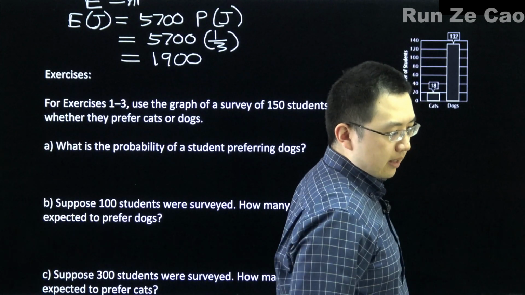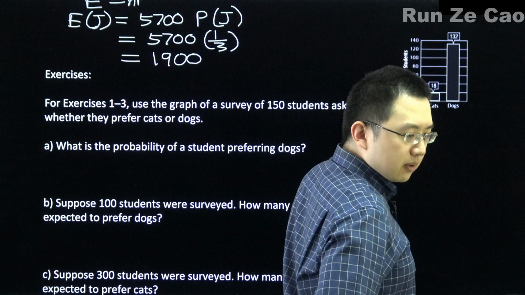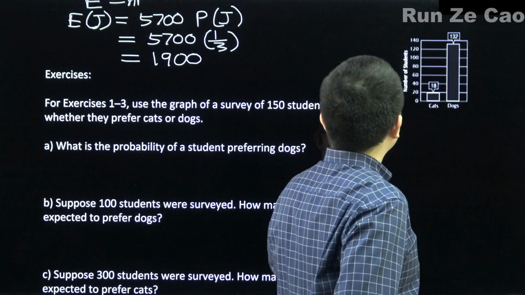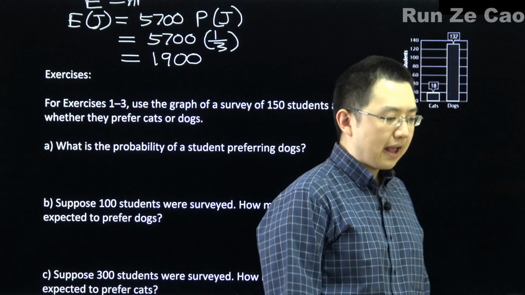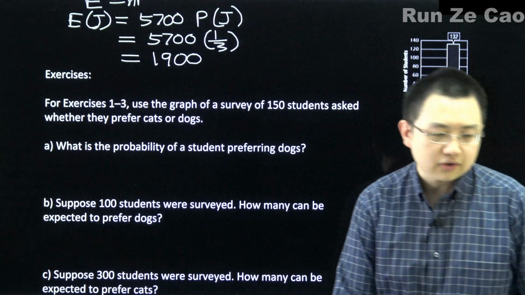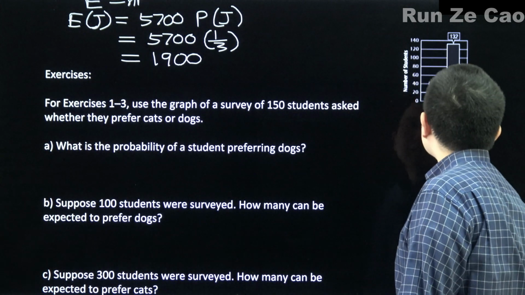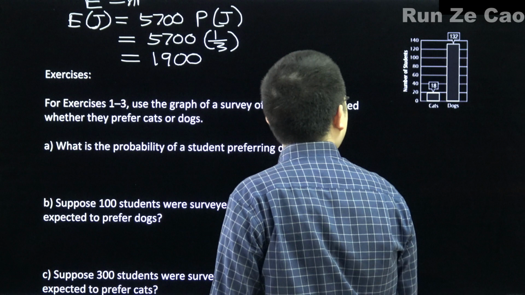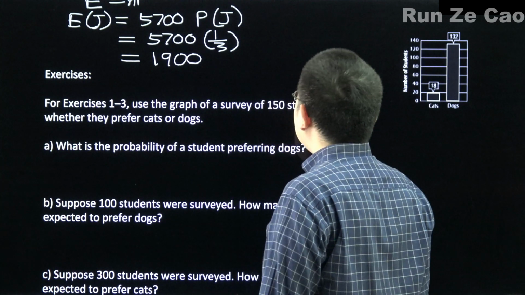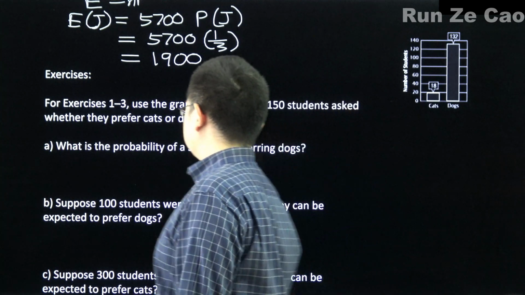Alright, exercises. For exercises 1 to 3, use a graph here of a survey of 150 students asked whether they prefer cats or dogs. I see a lot of people here prefer dogs. What is the probability of a student preferring dogs?